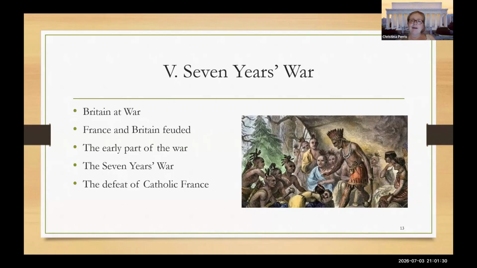Now, if you've seen that there is a new movie coming out, it came out on July 3rd, 2026, the day before Independence Day, called Young George Washington. This is what the movie covers, this 7 Years' War. It actually takes place during this period of time.